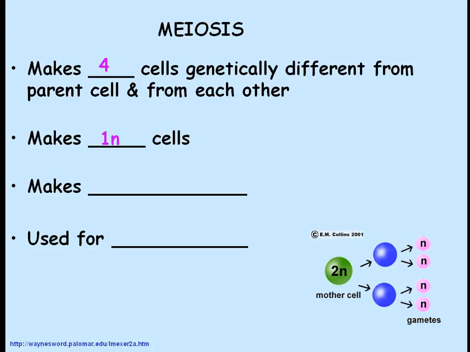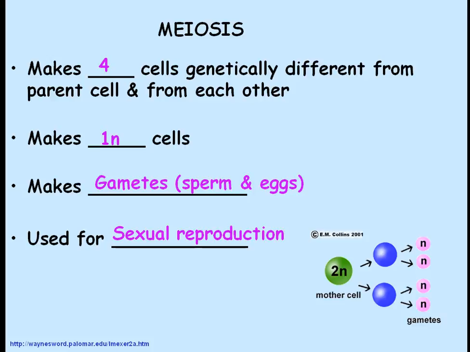And remember, these haploid cells have half the number, so they are 1N. And these make the gametes, the sperm and eggs. And this is used in sexual reproduction. And so you can see here, we start off with the 2N, we start off with the diploid cell, and then we'll end up with 4 haploid cells, all 1N, having half the number of chromosomes.